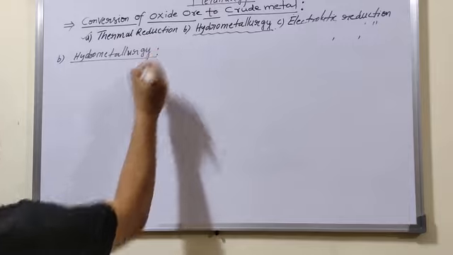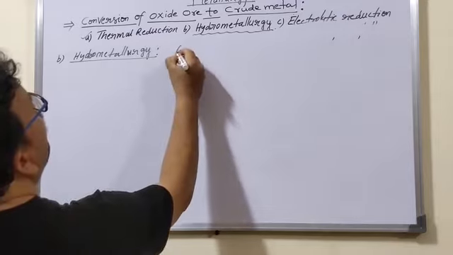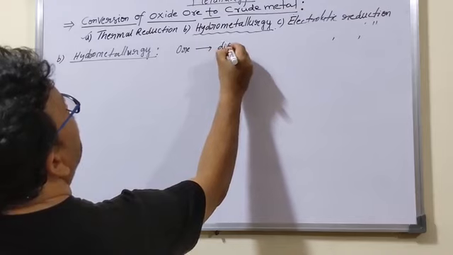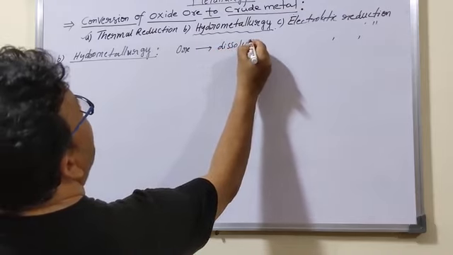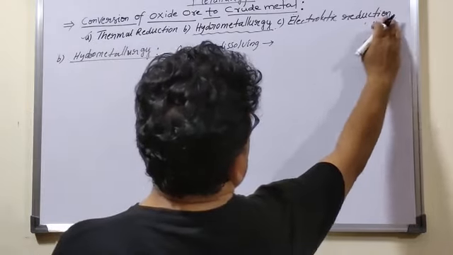What is hydrometallurgy? Hydrometallurgy is nothing but extraction of metal by dissolving the ore in a suitable chemical reagent. So the ore is dissolved in a chemical reagent.